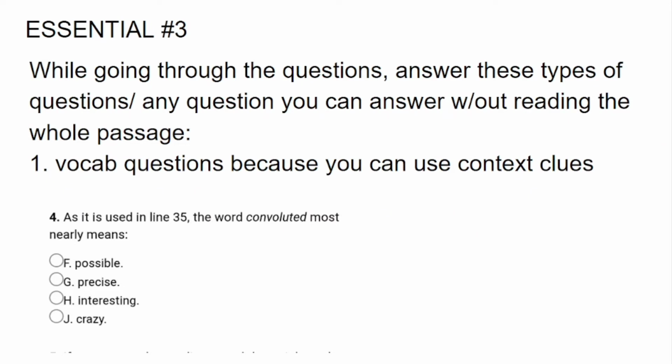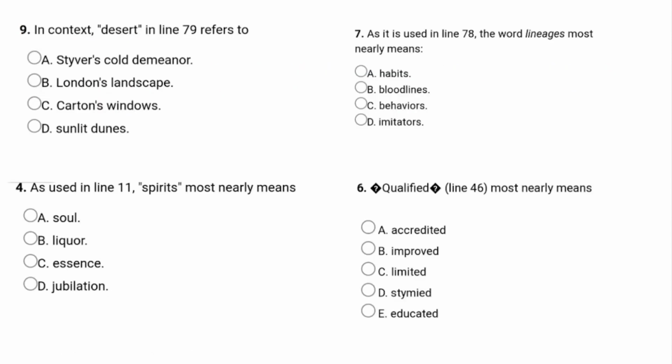So when you're ready to read the whole passage, you're basically going to review that question. You already answered it, but you're just reviewing it, if you get what I'm saying. These are other examples of the types of vocabulary questions. On any exam, you might see these types of vocabulary questions.